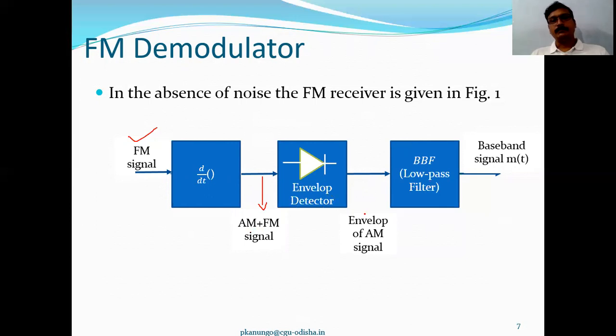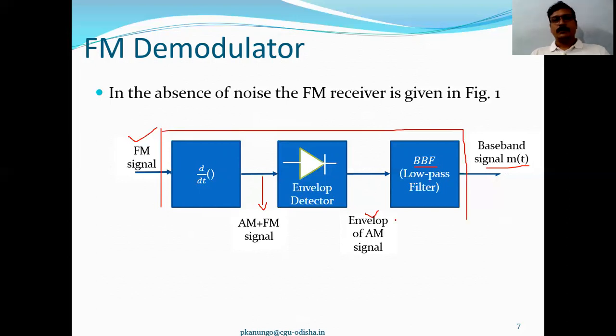It will detect the envelope of the AM signal, which is our baseband signal plus harmonics and other higher order frequency components. The baseband filter or low pass filter helps to suppress all the higher order frequency components as well as harmonics, so that we can get back our baseband signal. So these three blocks are the FM detector or FM demodulator.